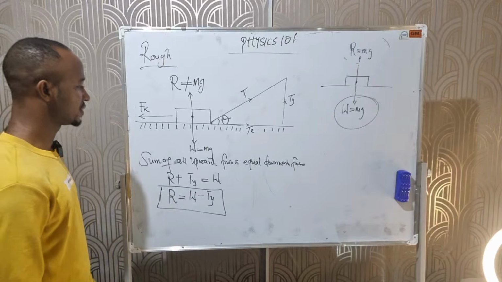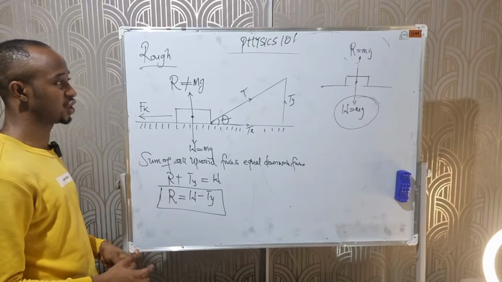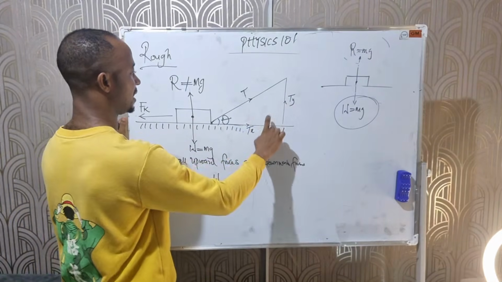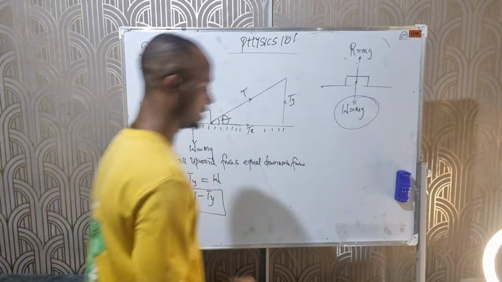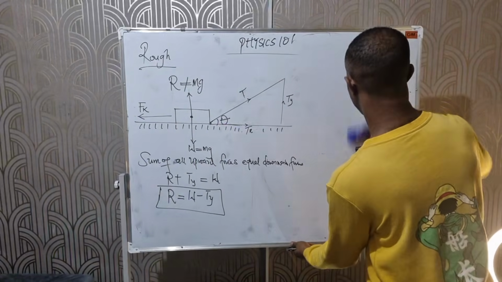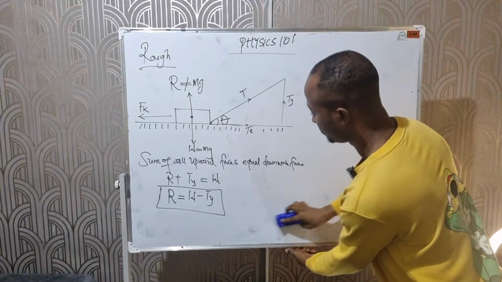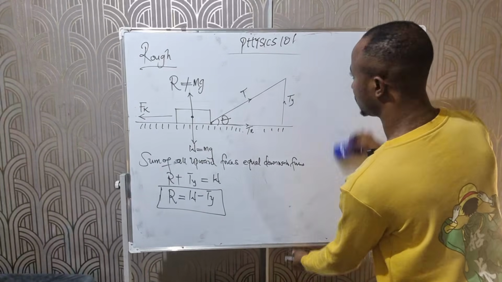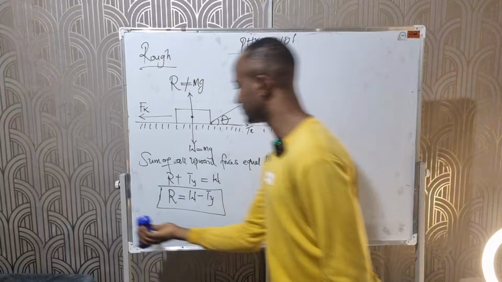Now, another thing I want us to define is the resolution of these forces. We have Ty and Tx. I want to believe that we all know how to resolve, but I'm still going to explain vector resolution because tension is a vector, right? It is a vector, so we can resolve it.